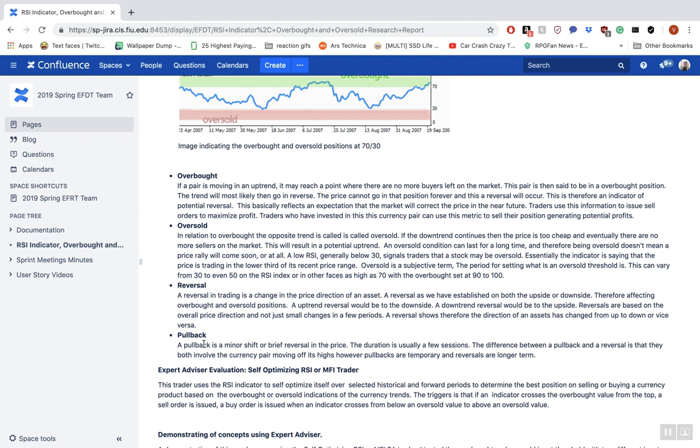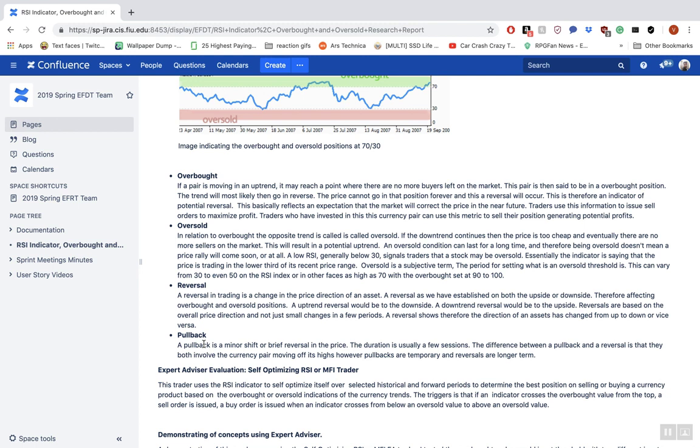So it can happen either on the upside or downside. Let's say we're in an uptrend and in the overbought position: an uptrend reversal will mean that it will now head to the downside, whereas a downtrend reversal will head to the upside.